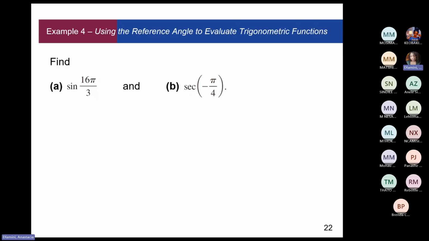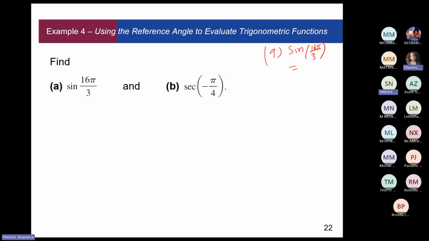Use your brains. Give me the answer now. Sine 16 pi over 3. What do you think? A. The answer is what? I want the answer, because here you're using your mind.